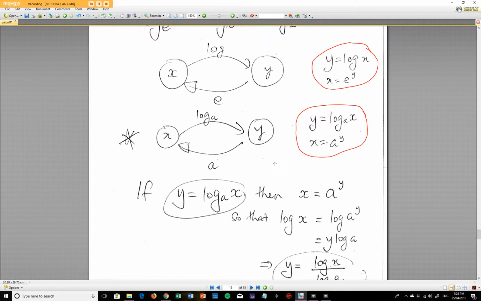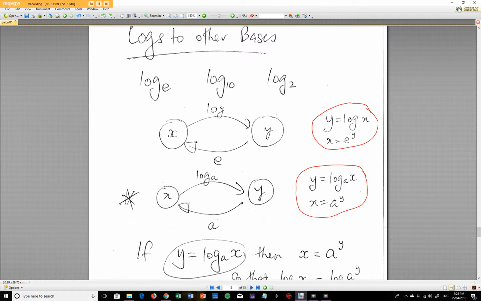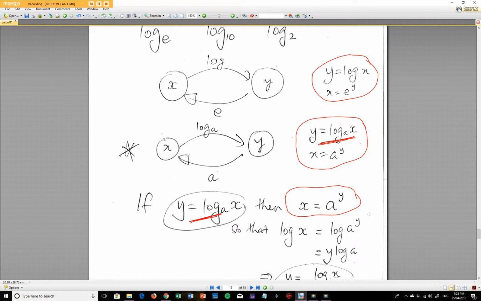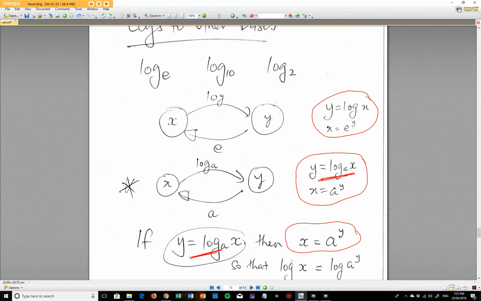Okay, so how does the log to a general base relate to the ordinary log? Let's suppose we've got log base a of x. Then the alternative way of thinking about that is that x is a to the y. And now I'm going to do something sneaky. I'm going to take ordinary log of both sides, so natural log of both sides.